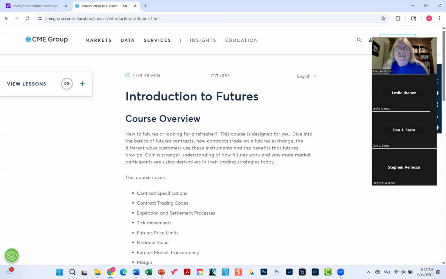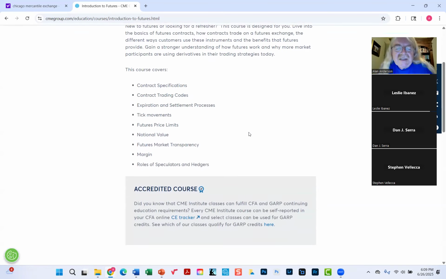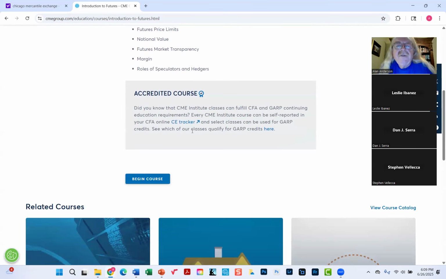I mean, really. It's completely free. And if you do pass the test, you actually could put this on your resume, the fact that you have taken and passed these classes. Now they mention here CFA. CFA stands for Certified Financial Analyst. It's a credential you can get.